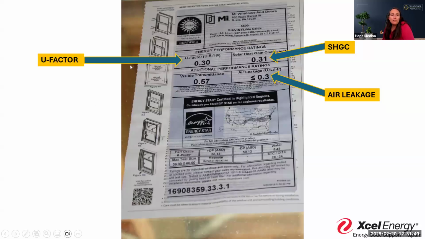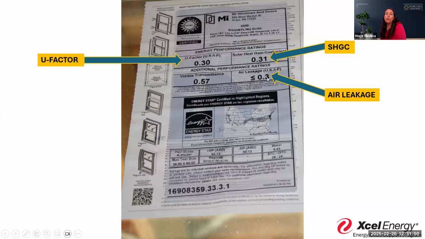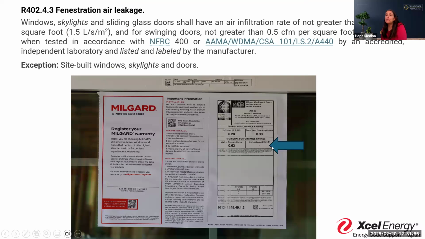So here's where we pay attention to the U factor, the solar heat gain coefficient, and the air leakage. This is saying that it does not exceed that 0.3 concept. But if we look over here, you'll notice that this one has no information about air leakage. Because it doesn't have that information listed, it should not be installed unless there is product information saying to the contrary, that it meets that.